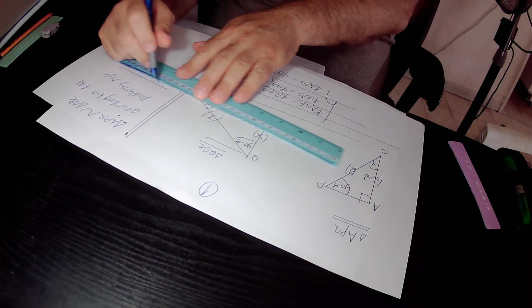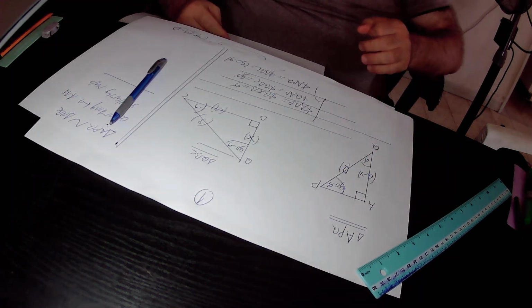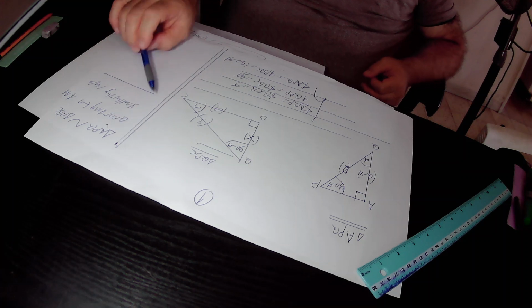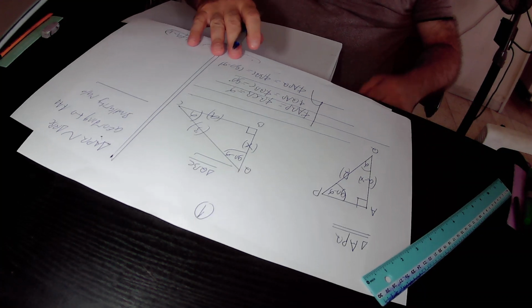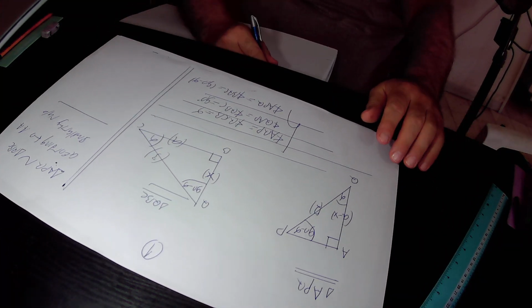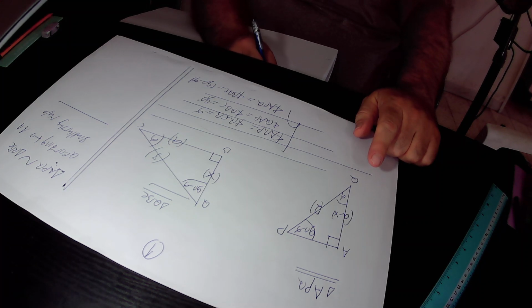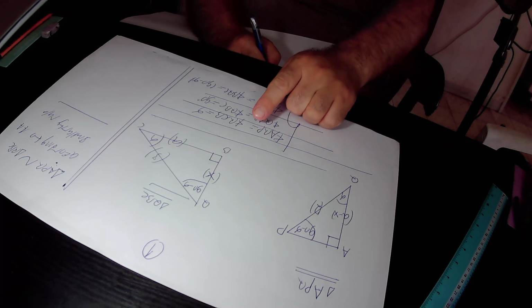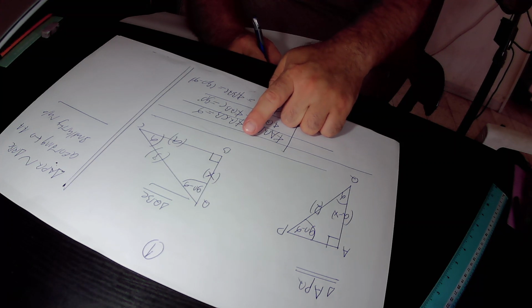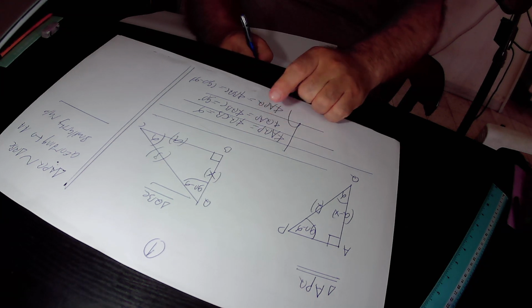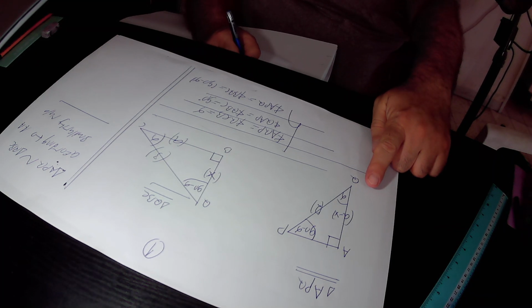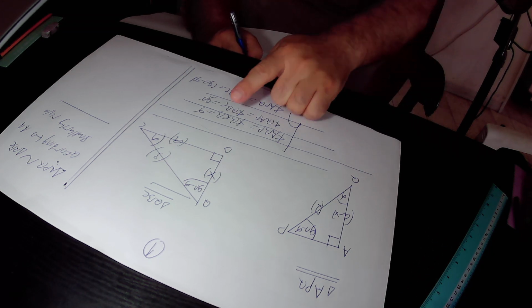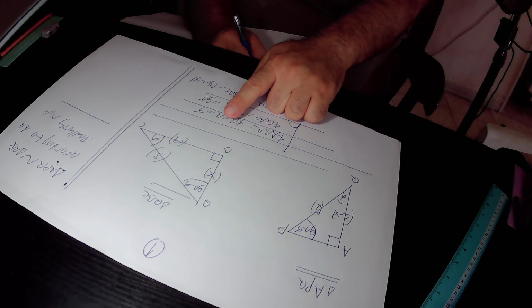And from the fact that those two right triangles are similar to each other, we will derive that the following relationship exists between their sides. We will derive that side AP in the right triangle APQ over side QB in the right triangle QBC equals side AQ in the right triangle APQ over side BC in the right triangle QBC.